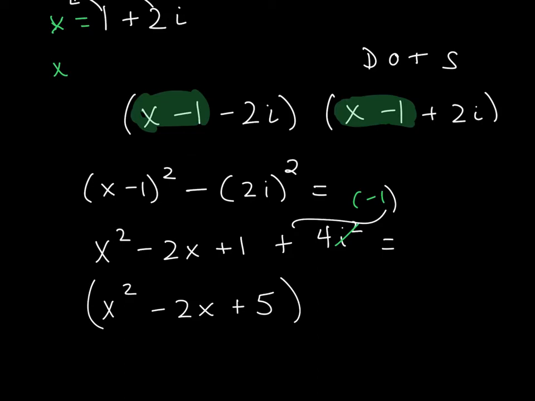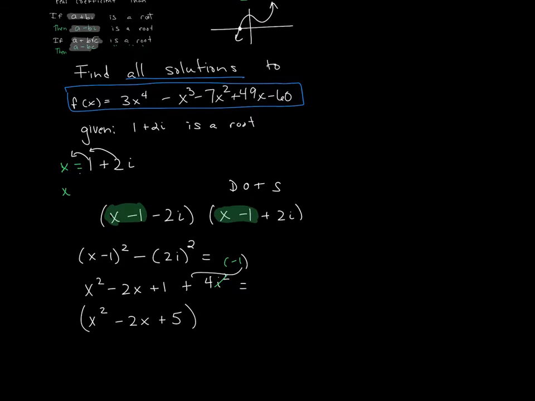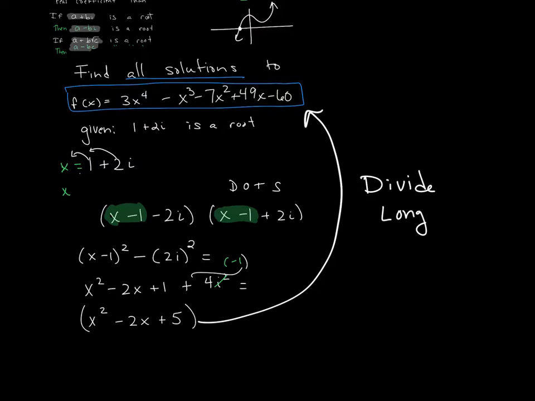Now, this is a root that equals 0. It means what I have to do is take this and divide, and yes, you must use long division to go ahead and find the other two roots.